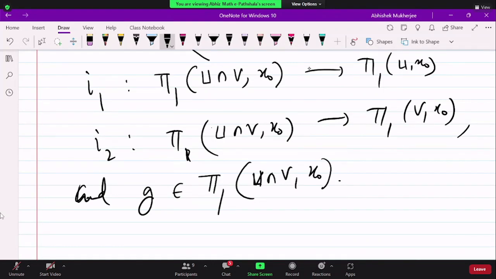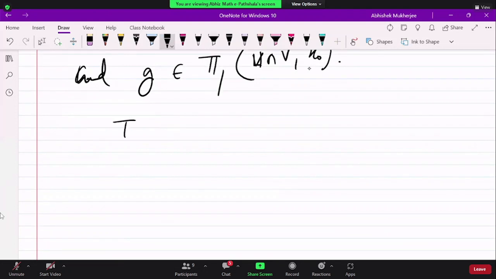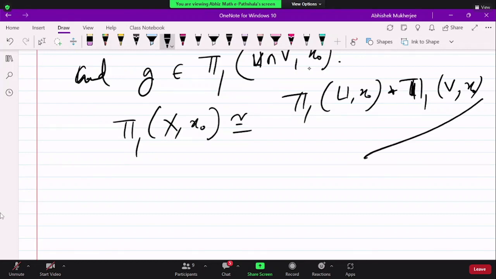Okay. So in this way, the fundamental group of X is isomorphic to the free product of pi 1 U and pi 1 V modulo the kernel of J. And what is the kernel of J?